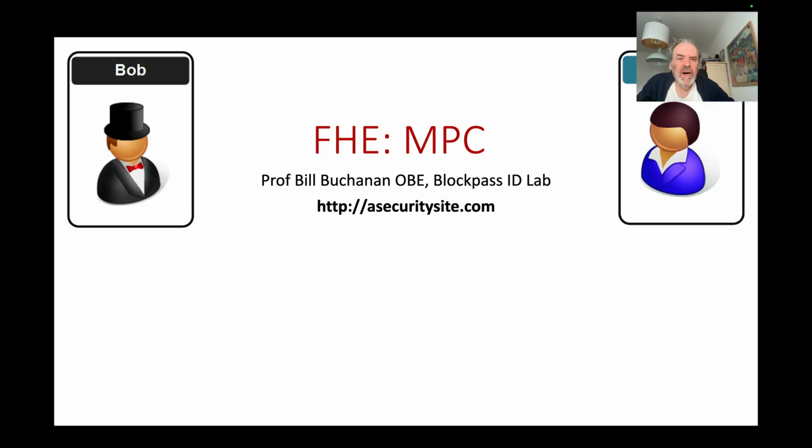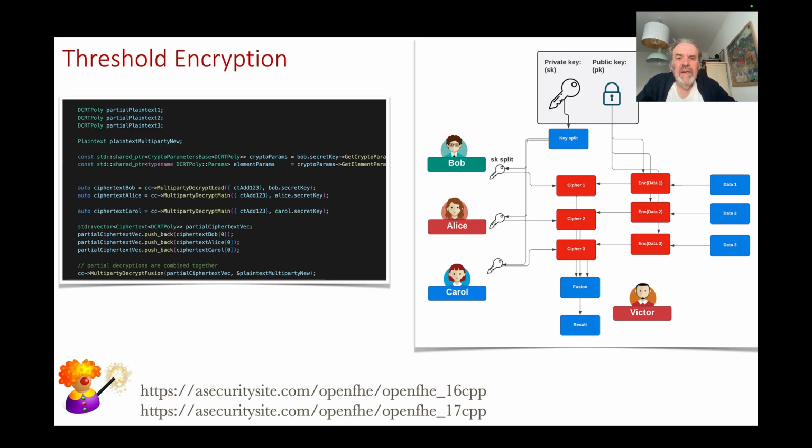So let's look at multi-party computation. With this, we can use what's called threshold encryption, and this splits the key into a number of shards. And then the key can be used to perform various operations. In this case, we split the keys up, and then each party can perform the operation, such as if they want to sign a document.